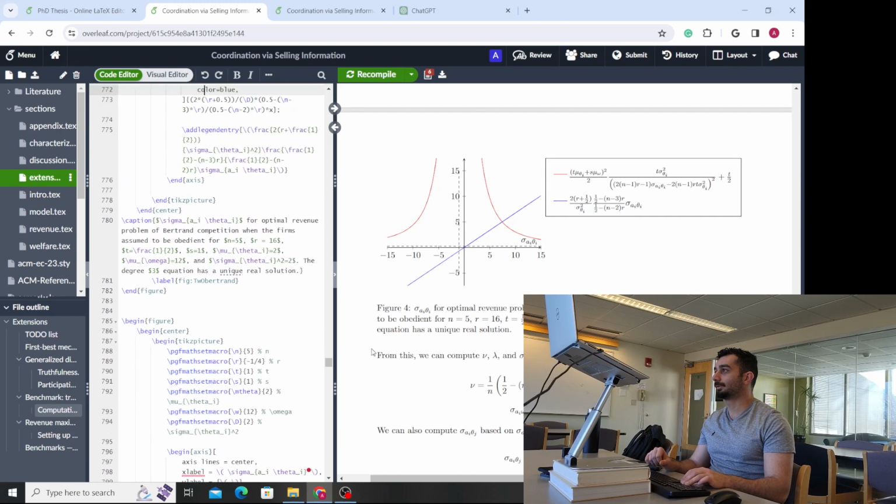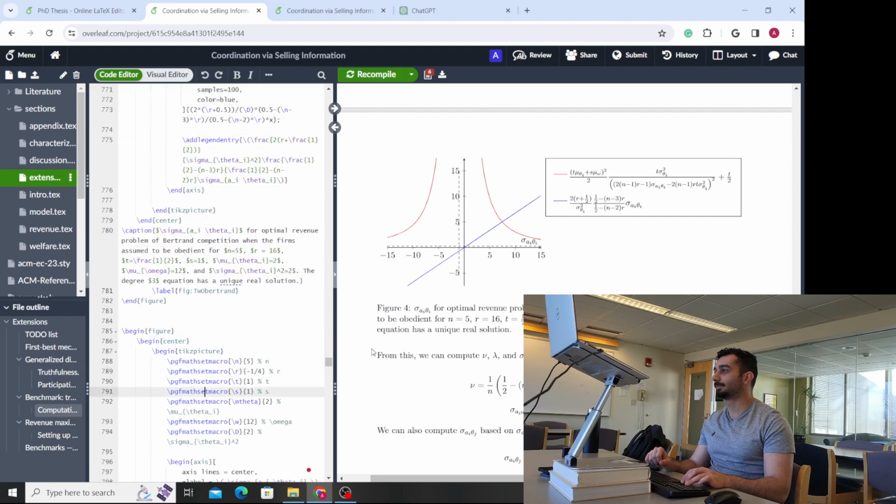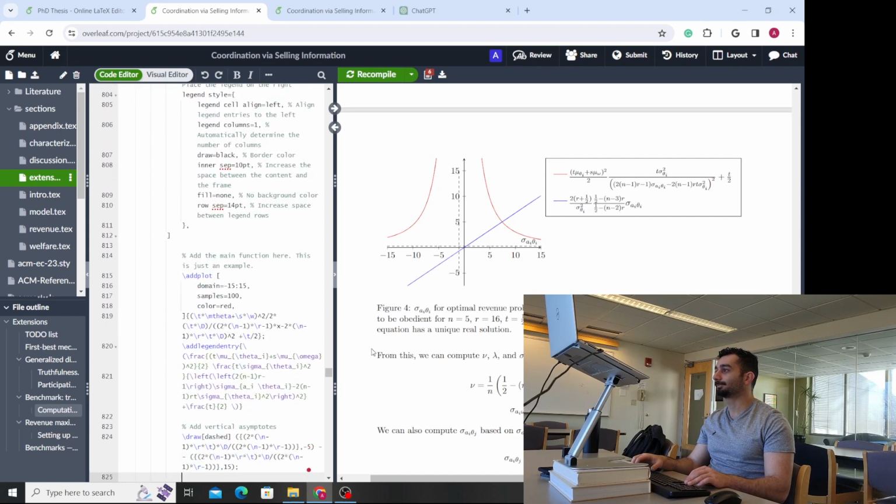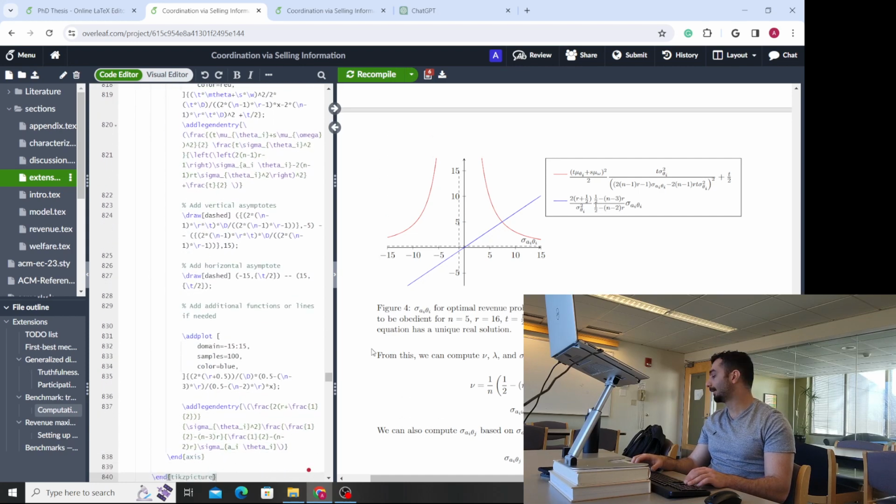Sigma theta squared is capital D. I will choose it to be 1. T is 1. N is 5.